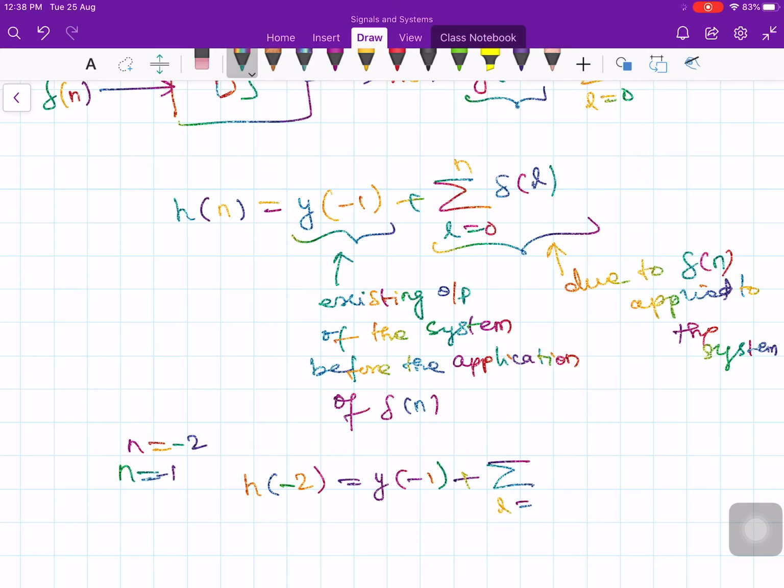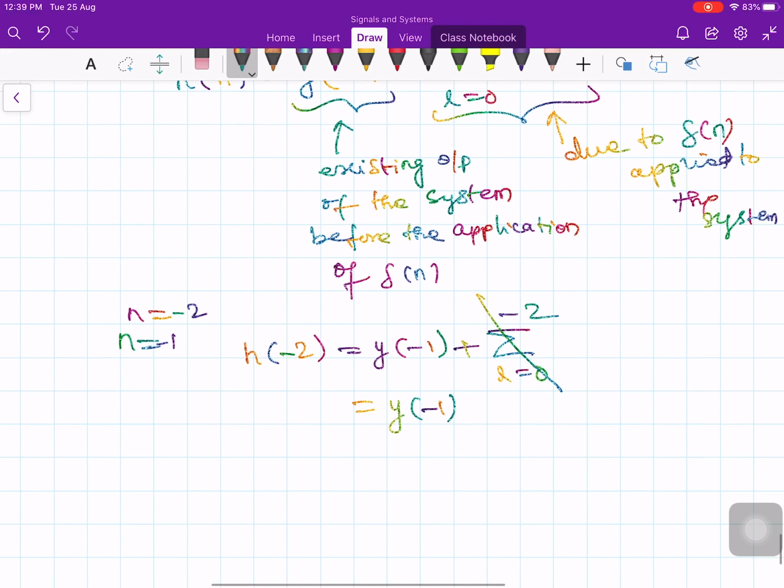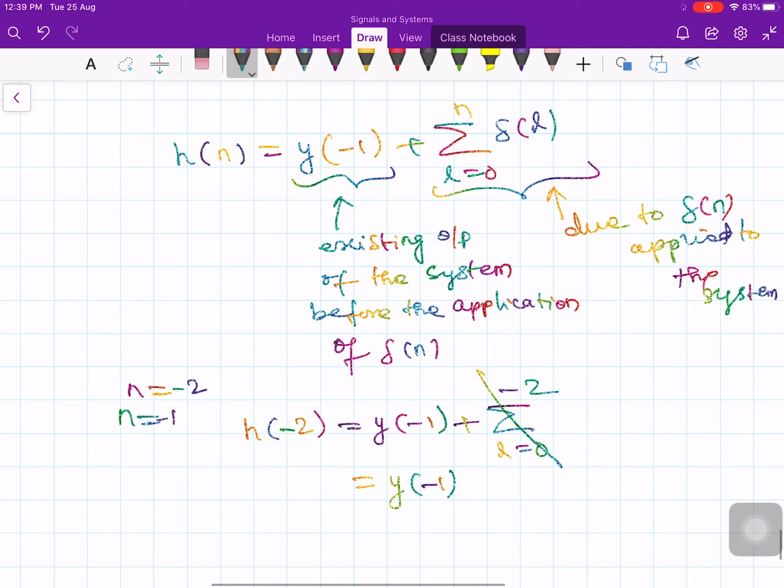I cannot put it like this, right? It is in the positive range. So therefore the second part completely goes, because the summation starts at L equals 0. How can I put minus 2 here? That minus 2 is already absorbed here. So simply h of minus 2 is equal to y of minus 1.